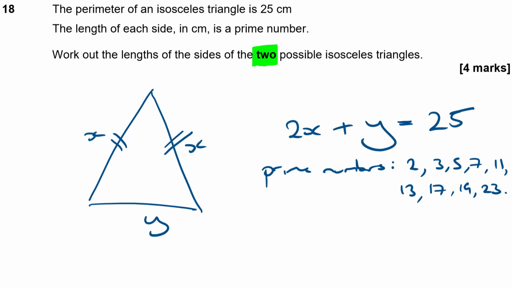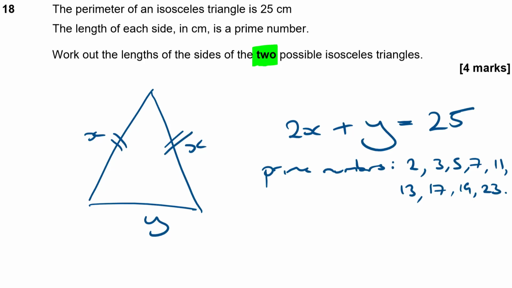So I'm just going to do a bit of trial and error until I find ones that work. So I'm going to go through the list. If I put the 2 here, then that's 2 and 2, which gives me 4. Then 4 taken away from 25 leaves me 21, and 21 isn't on my list of prime numbers, so it can't be 2 and 2 there.